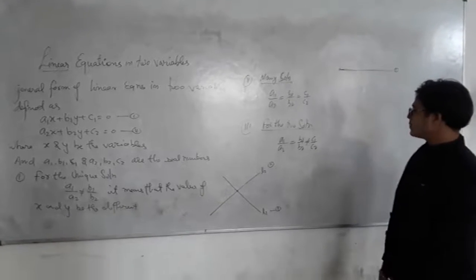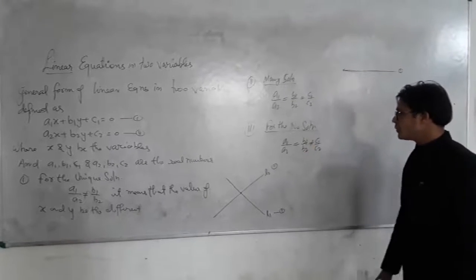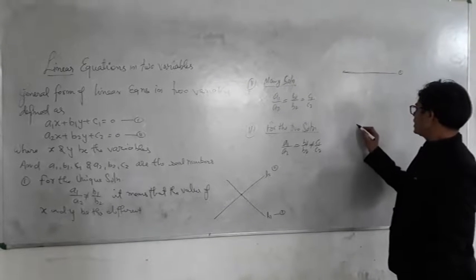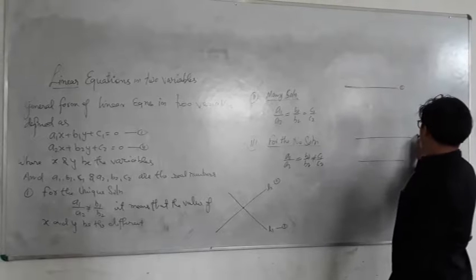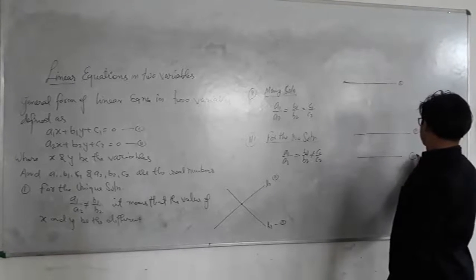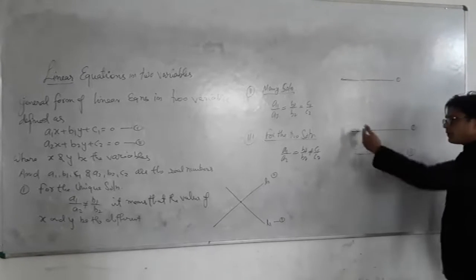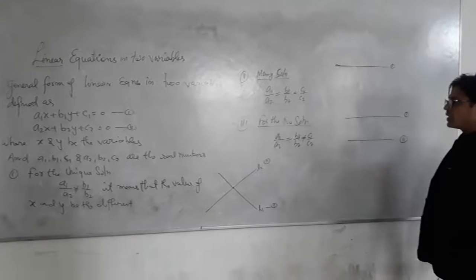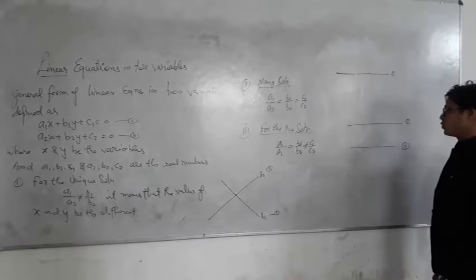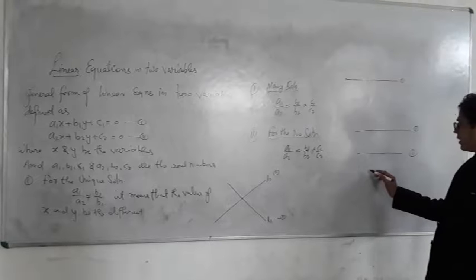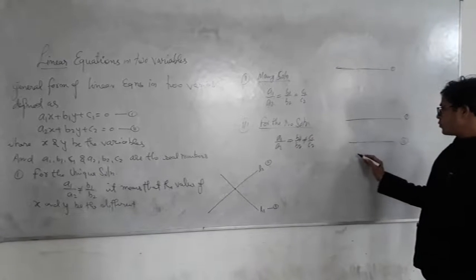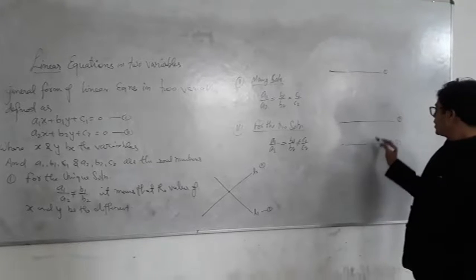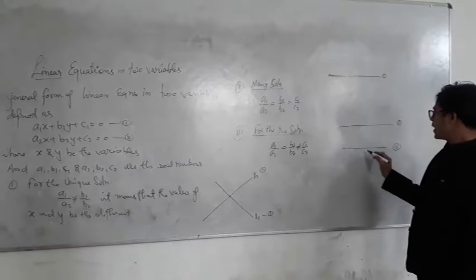And now for no solution, the lines are parallel. Suppose this is the first line and this is the second line. If the lines are parallel, it has no solution.